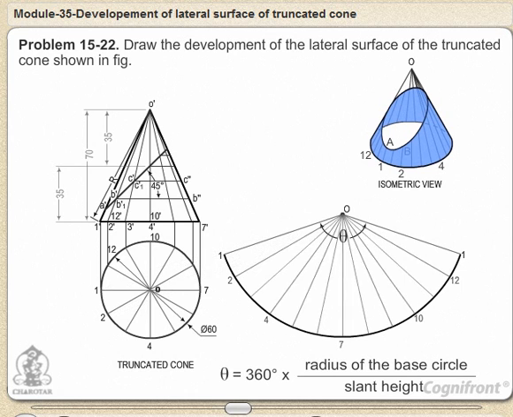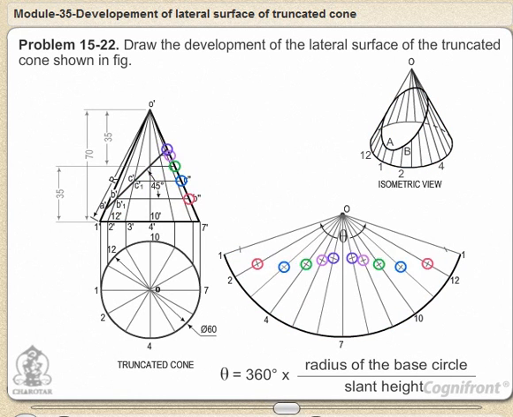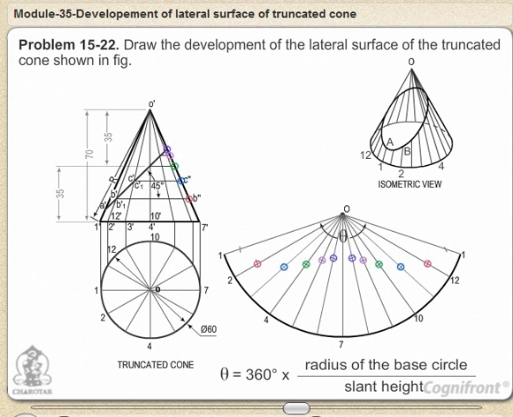Join the division points with O, thus completing the development of the whole cone with 12 generators as shown in it. The truncated portion of the cone may be deducted from this development by marking the positions of points at which generators are cut and then drawing a curve through them.